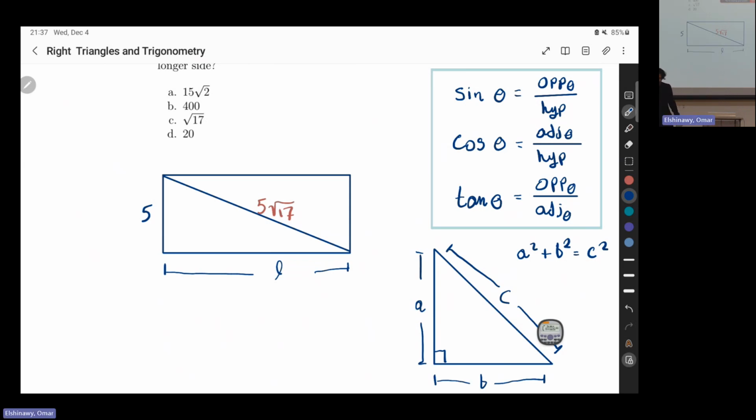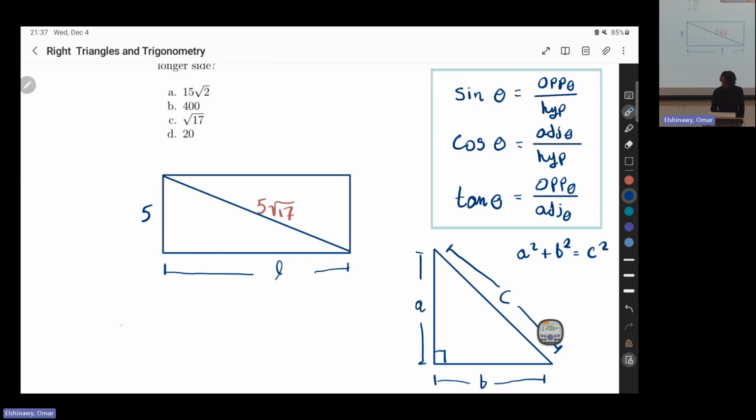L, the longer side. L squared equals 5 squared plus... oh no, that's not okay.